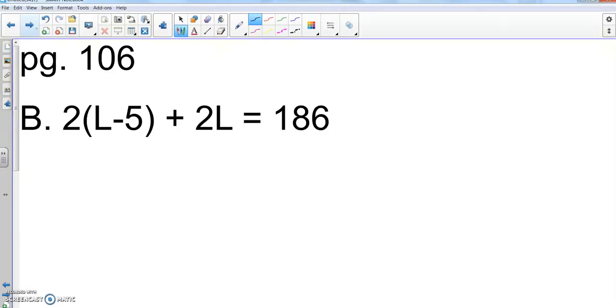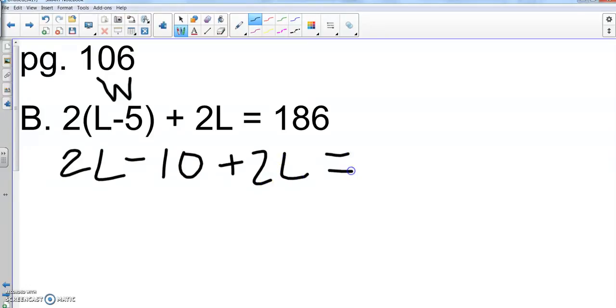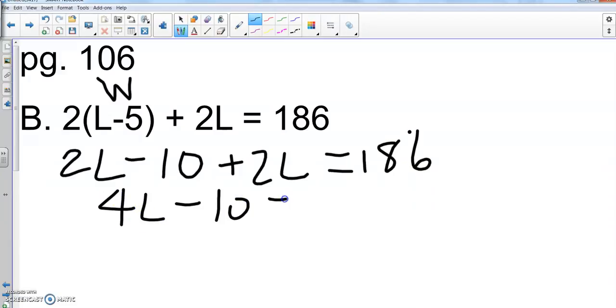And I know you might have to pause it if I'm going too fast, but 2 times the width, that's what the L minus 5 stands for, plus 2 times the length equals 186. That's the perimeter. So let's just start doing the math. 2L minus 10 plus 2L equals 186. 2L plus 2L is 4L minus 10 equals 186.